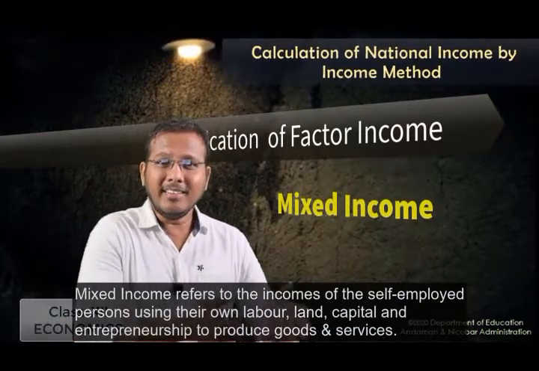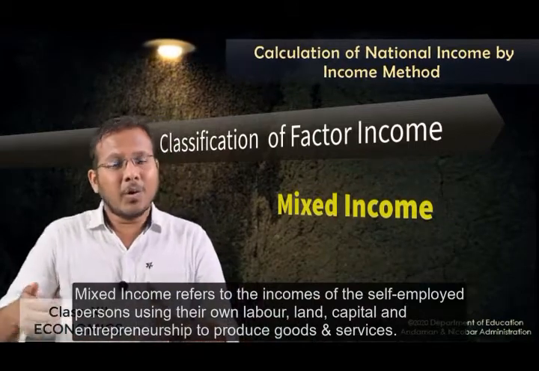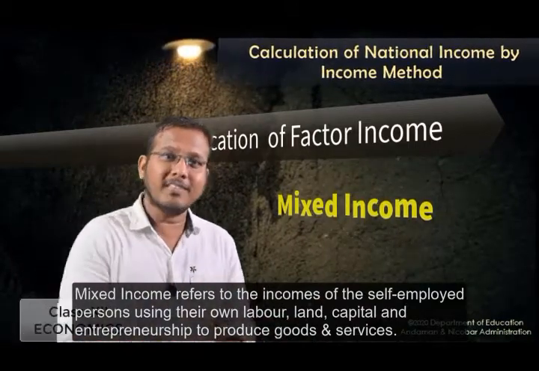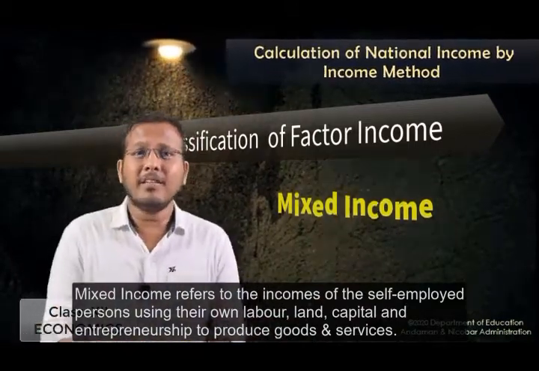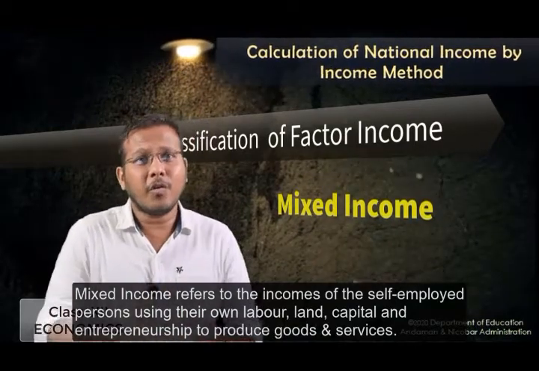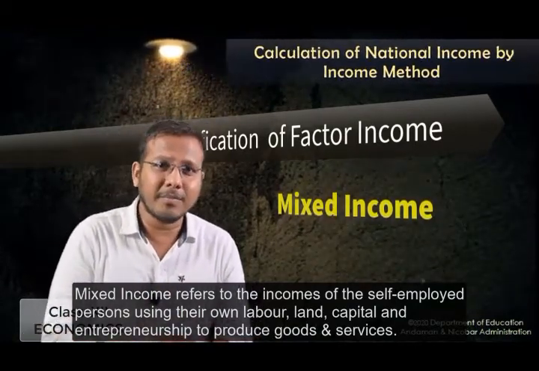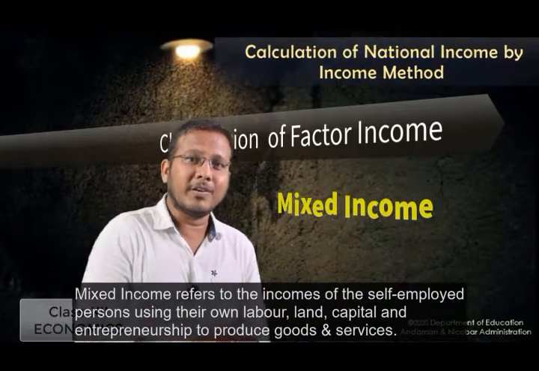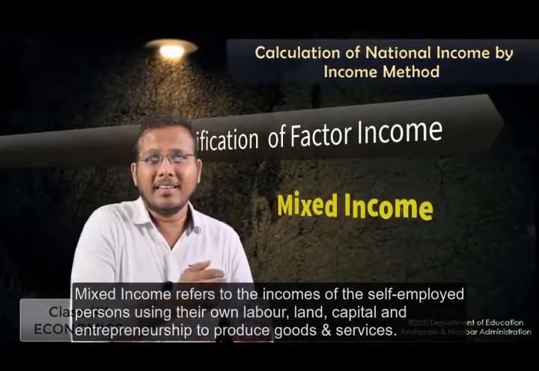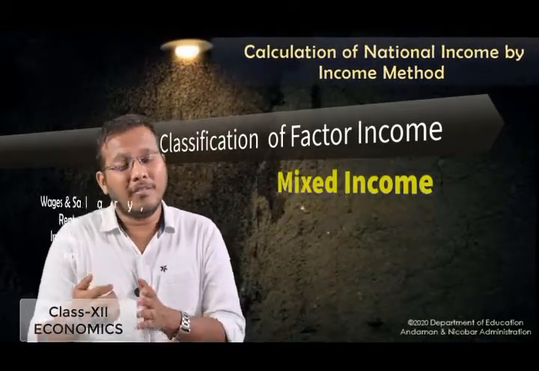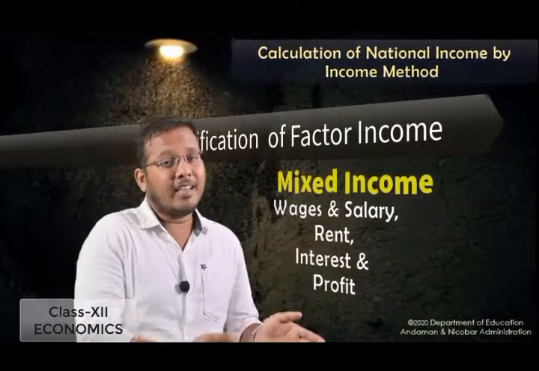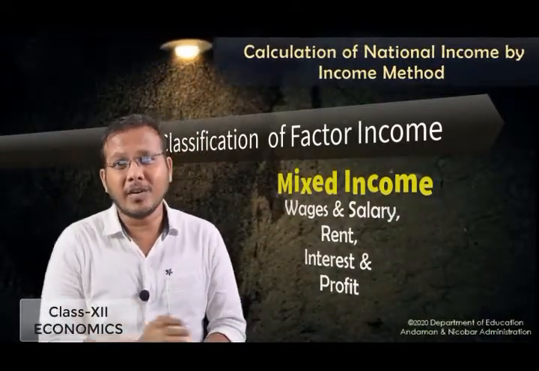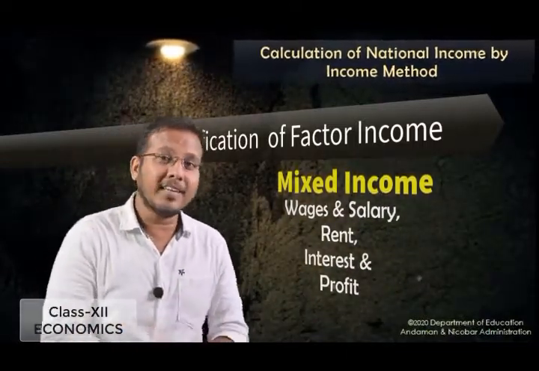When these factors of production are owned by a self-employed person, and that person himself gets the mixture of all these factor incomes, this is called mixed income. These incomes are a mixture of wages, rent, interest and profit, so that is why we call this income mixed income.